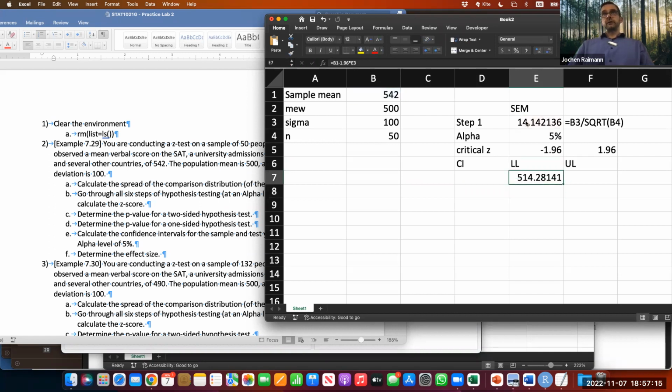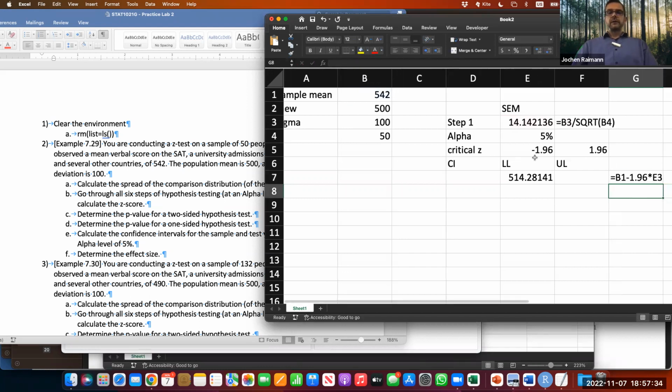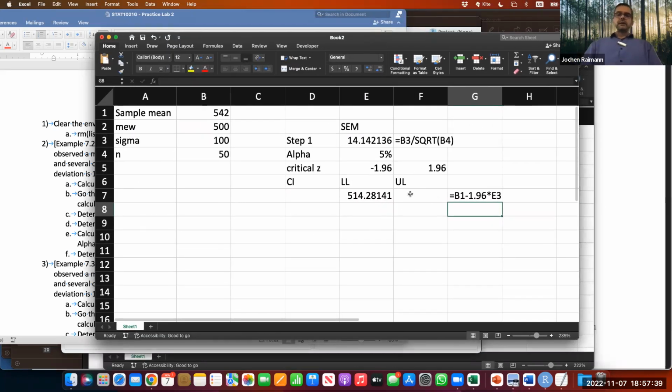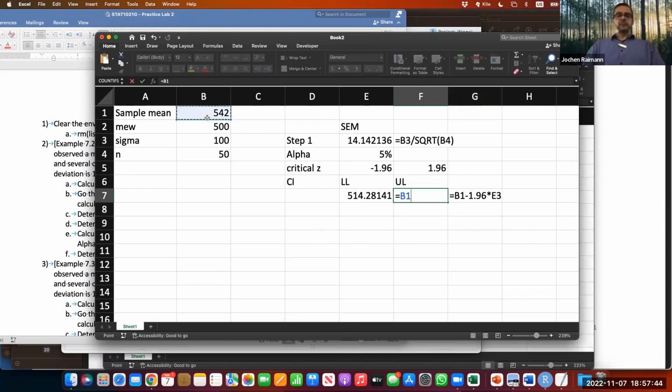That is the lower limit of the confidence interval. I copied the formula right next to it. The upper limit, in the same fashion, is the sample mean plus 1.96 multiplied by the standard error. This will give us 569.